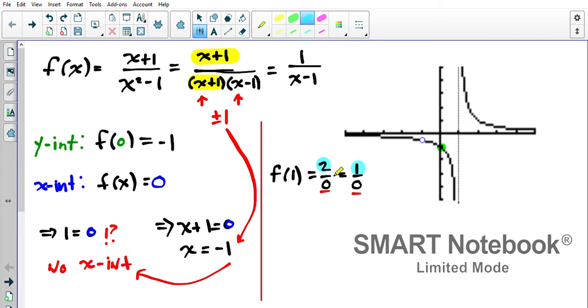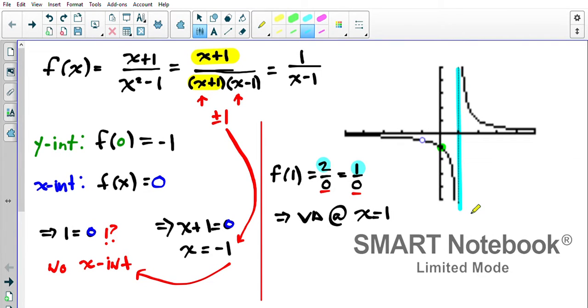Numerator not 0, denominator is. And that's how you know that you've got a vertical asymptote at x equals 1.